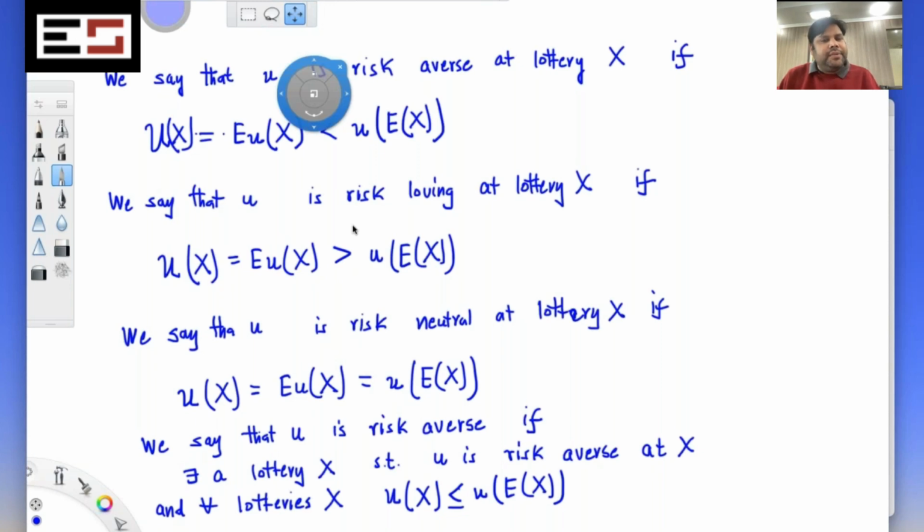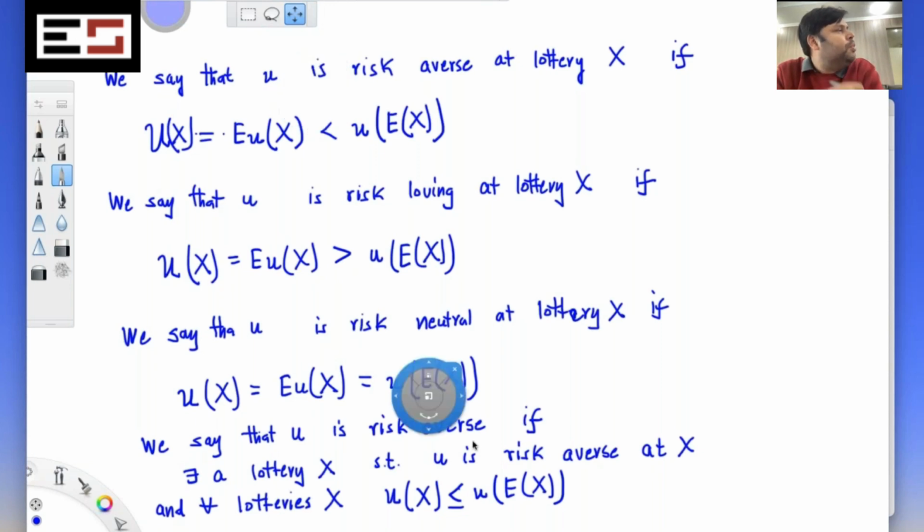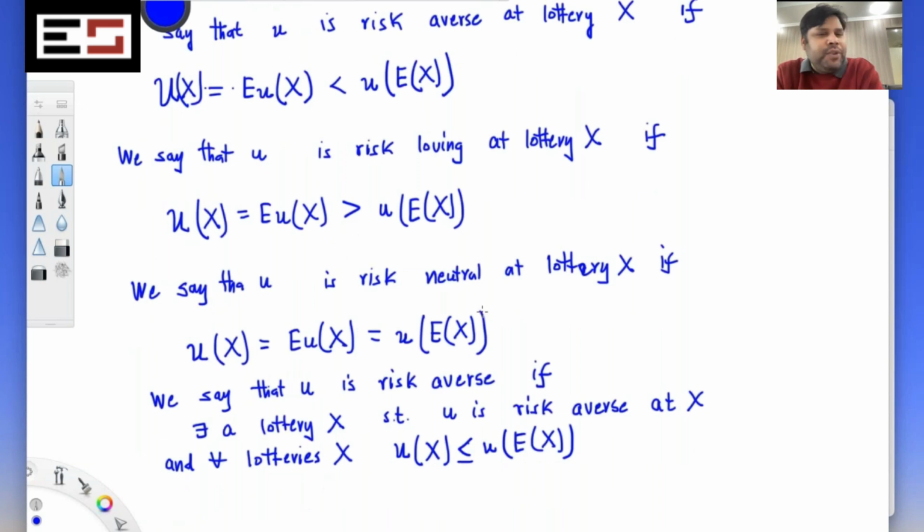Similarly, we can have a similar definition for u being risk loving. We say that u is risk loving if there exists a lottery X such that u is risk loving at that lottery, and for all lotteries X, the satisfaction level associated with the lottery must be greater than or equal to the satisfaction level associated with the expected value of the lottery.